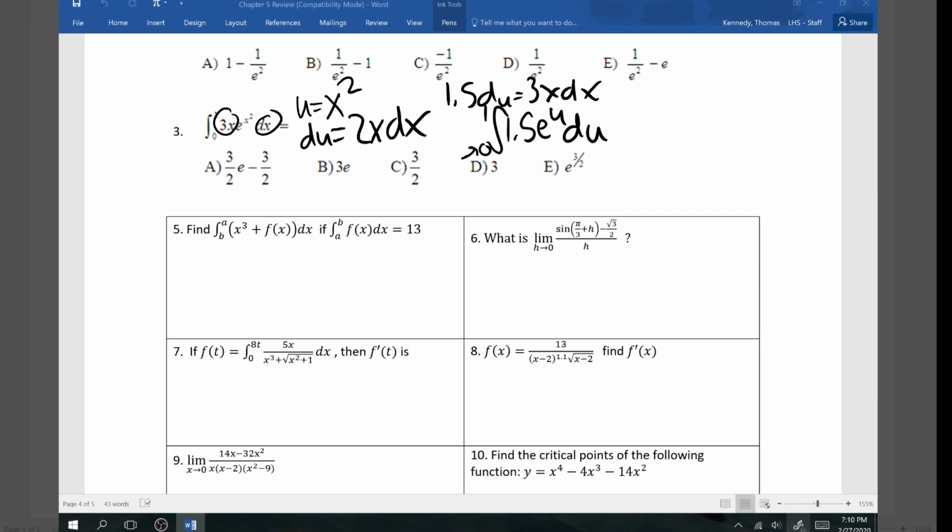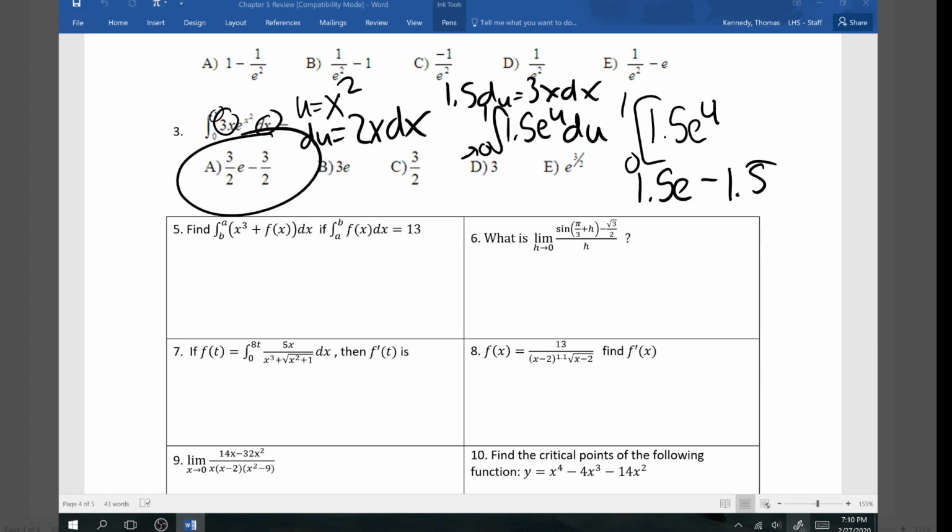And if I do 1 squared, which was my top bound here, I get 1. So my bounds work for u too. All right, so then we integrate. The integral of e to the u is e to the u. There's no plus c because it's a definite integral, and then we just plug in 1 and 0. So we get 1.5e minus 1.5, which, doink, answer.